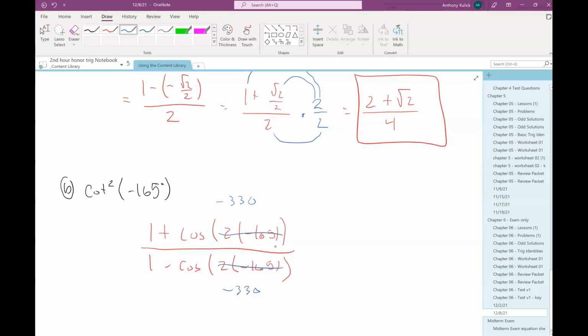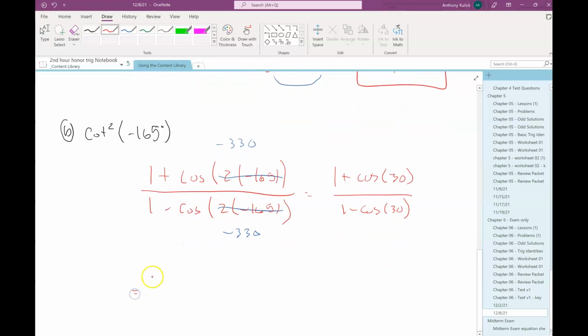So what do I have to do to this? We have to find something coterminal to it that is a unit circle angle. To do that, I would add 360. So far, so good.